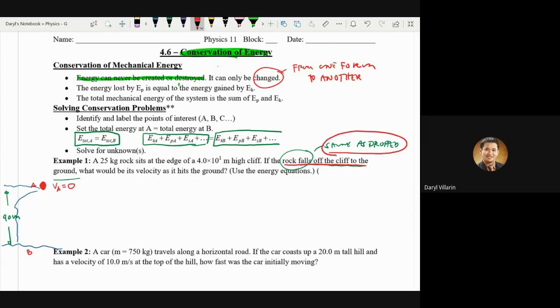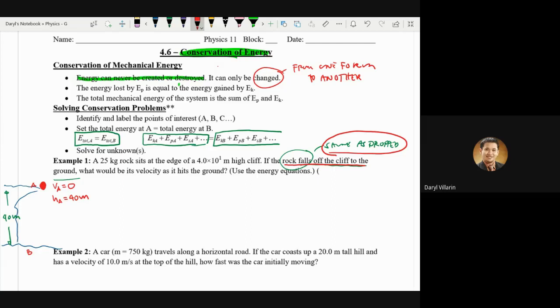If the object is being dropped, again, velocity there is zero, because you're just dropping it, you're not applying any initial velocity. Okay, and then the height at A would be equivalent to 40 meters.